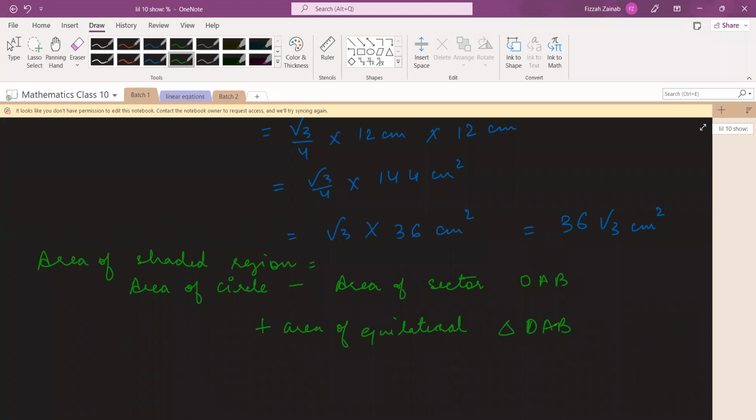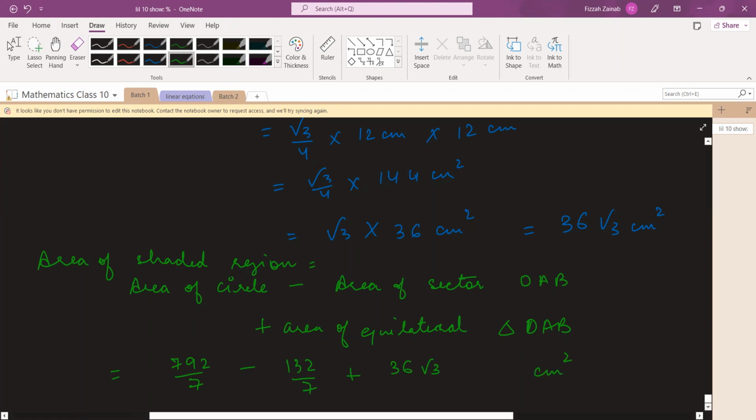Is that okay? Now we have already found all these things, just put them here. The area of circle was 792 divided by 7, right? The area of the sector was 132 by 7, I think. The area of the equilateral triangle is 36 root 3, and everything is in centimeters square.